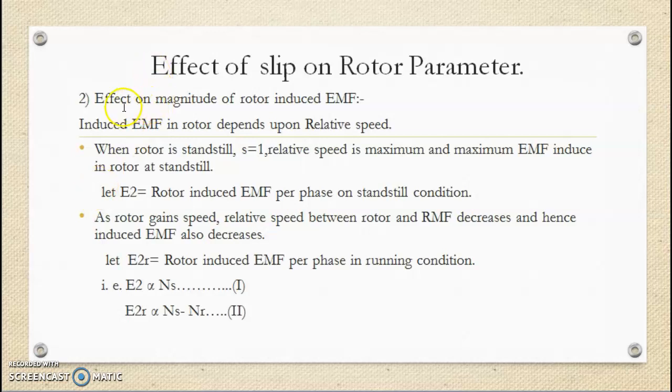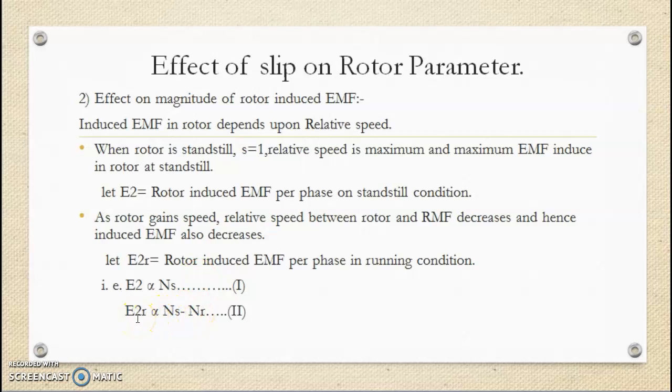Now the second parameter is the effect on magnitude of rotor induced EMF. So we have discussed, as slip is coming into the picture, slip speed also changes. As nr is coming into the picture, nr is increasing continuously, so ns minus nr is decreasing.